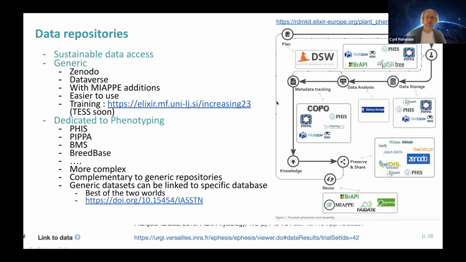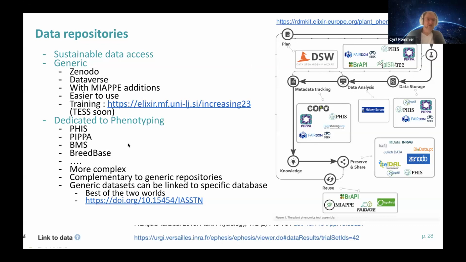And this training is part of the plant phenomics assembly that is described here, where you see that you've got the Zenodo and the Dataverse instances available here, as well as the FIRS system for data management. And this plant phenomic assembly is available on the RDM kits.